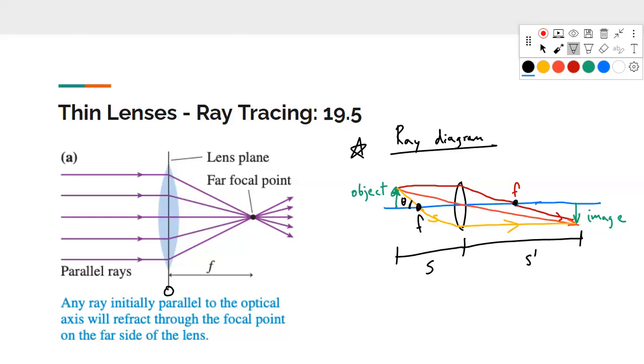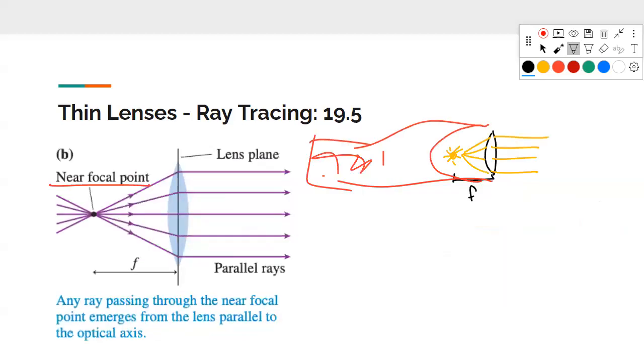Sounds miserable. So I am not going to make you do that, because it turns out there's a very nice way to find S prime, way nicer than what you would imagine from looking at these diagrams. That's the thin lens equation. The thin lens equation is what's going to allow us to find S prime without doing any trigonometry at all. Technically it's all packaged into the equation and done for us. So we'll come back to that soon.